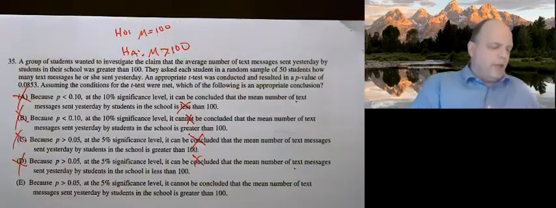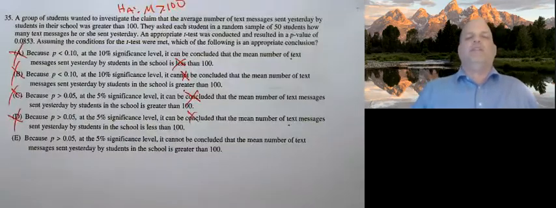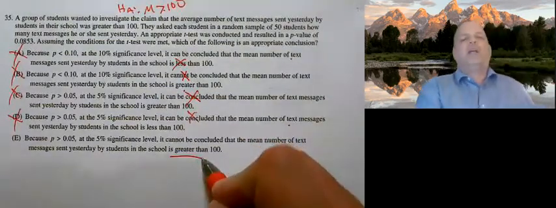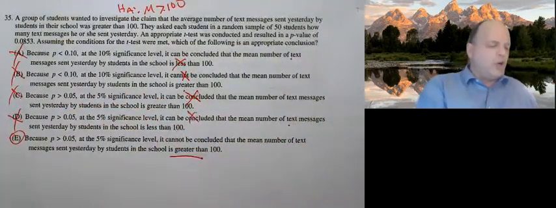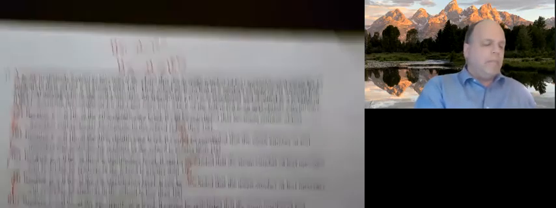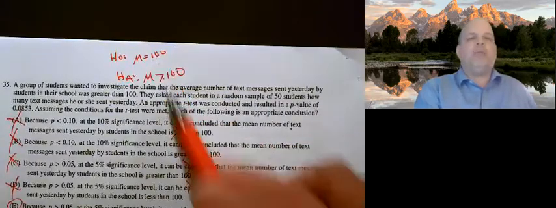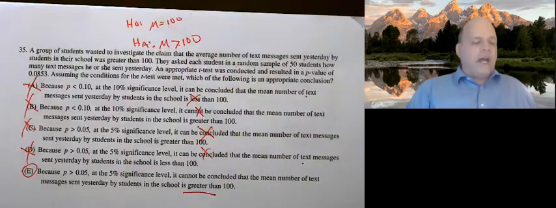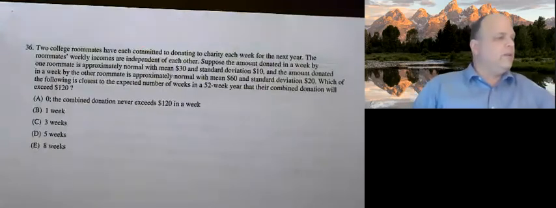And so finally, because p is greater than 0.05 at the 5% level of significance, it cannot be concluded that the mean number of text messages sent yesterday is greater than 100, because that's what we were testing. All right. Make sure that your conclusion matches your null and alternative. When you have these problems, take a moment, write your null and alternative and ask, does it match? If it doesn't match, then that's the wrong answer.